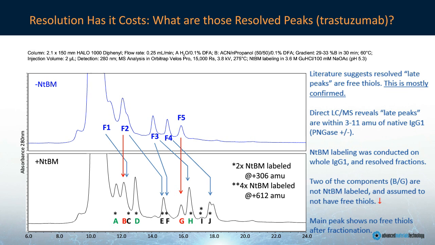So we believe that they do not possess free thiols, whereas each of the others possesses at least one pair, if not more than one pair, of the N-tert-butylmaleimides. So that was an interesting analysis.